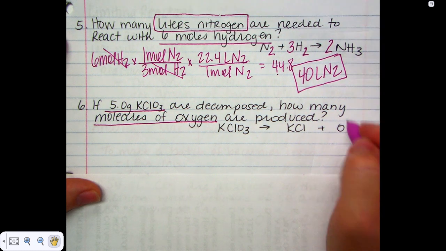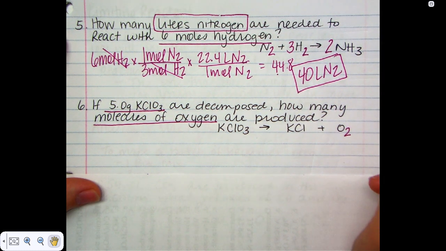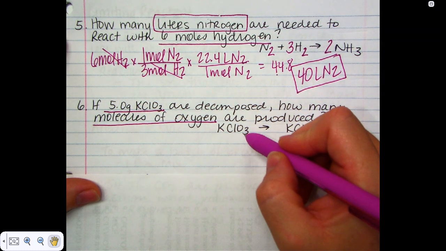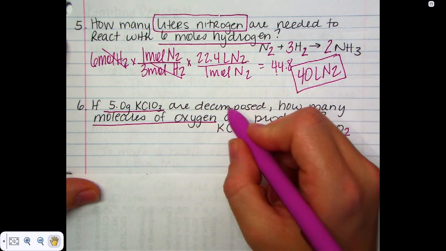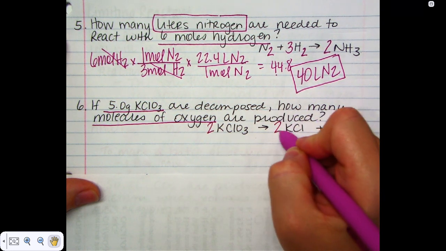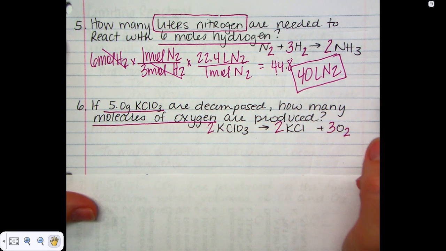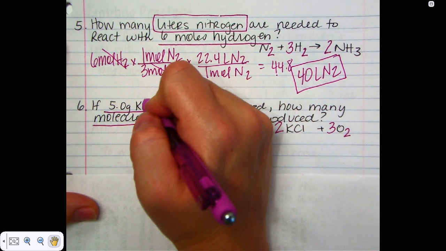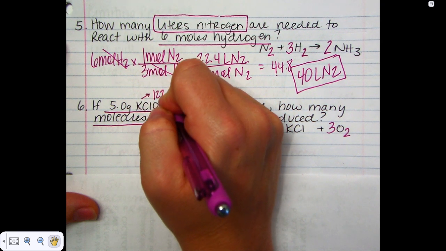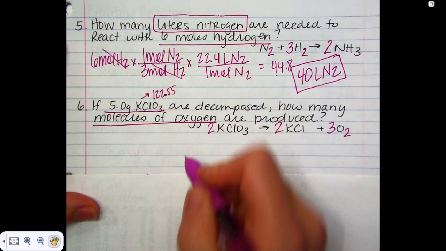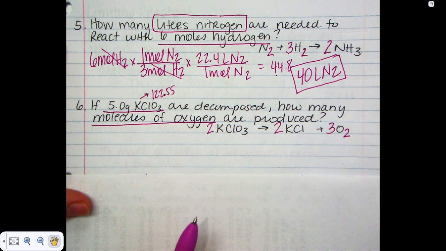So diatomic here. I've got 2 and 3, so I need to head to 6. There's 2 here, a 2 here, and a 3 here. Okay. 5 grams of KClO3. So I'm going to need a molar mass. Now, we've already done this molar mass, 122.55. We did it on that previous problem, so we don't have to recalculate it, which is nice.